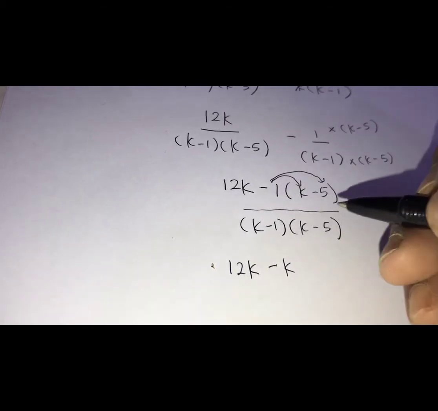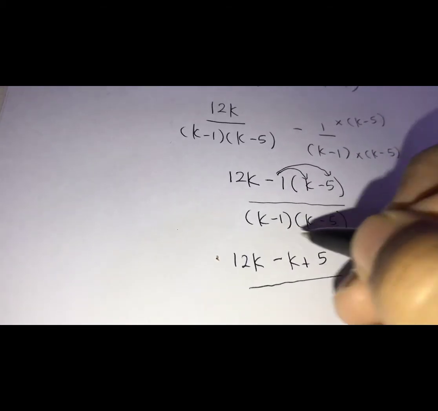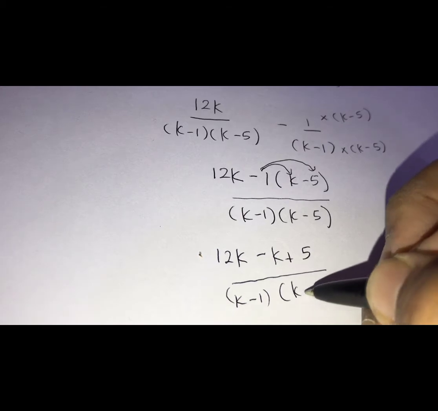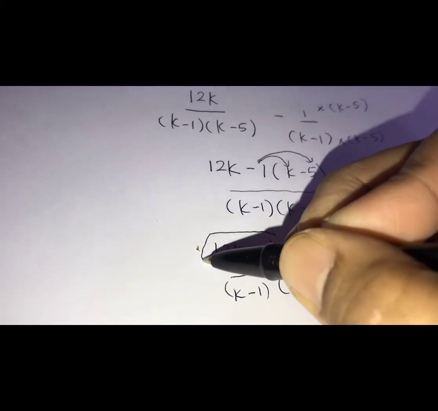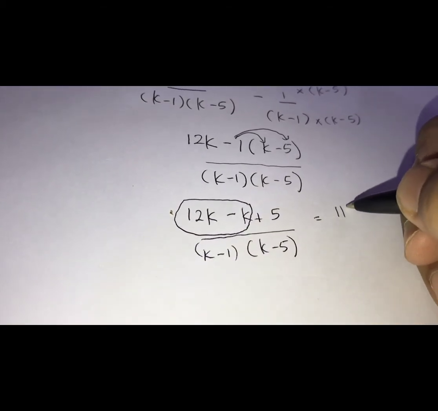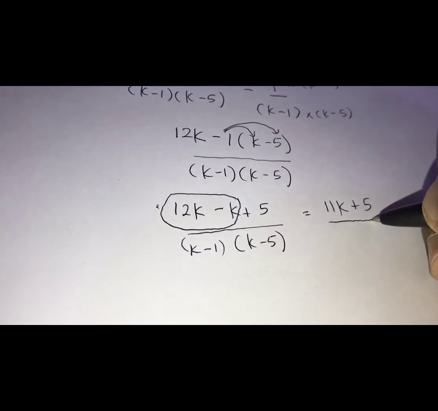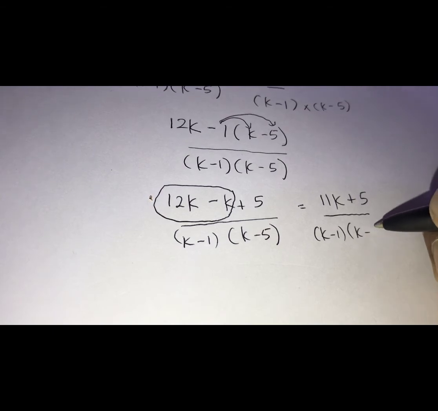Negative 1 times negative 5, you get positive 5 over k minus 1, k minus 5. This one you can simplify by 12k minus k, you get 11k plus 5 over k minus 1, k minus 5.